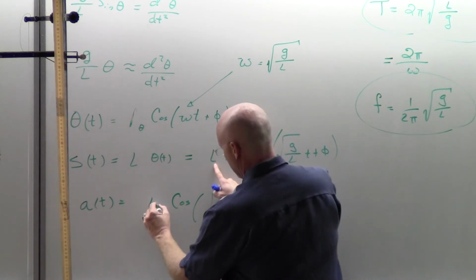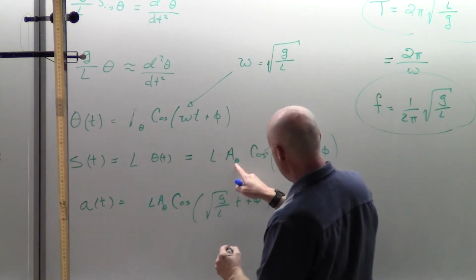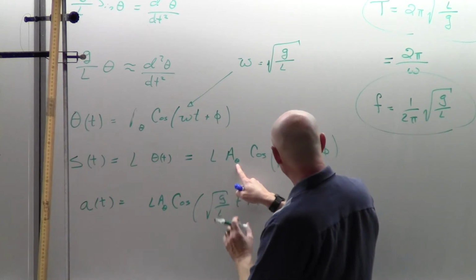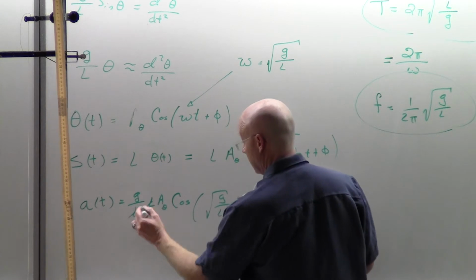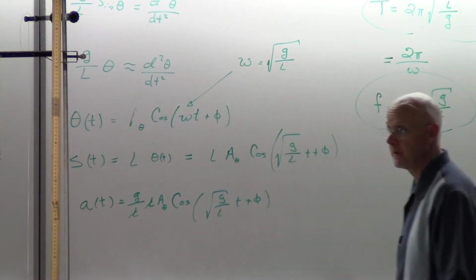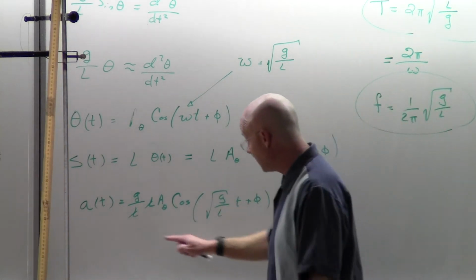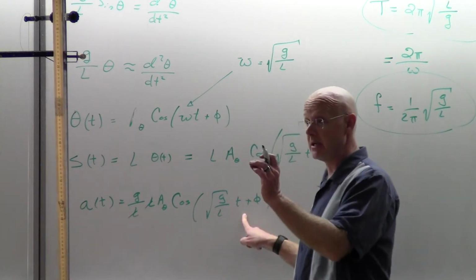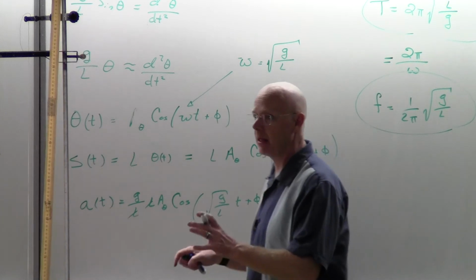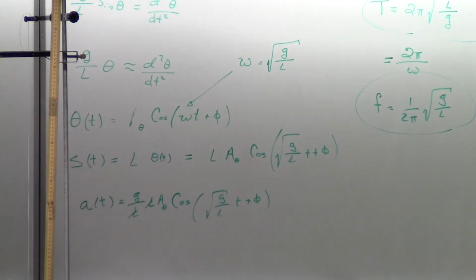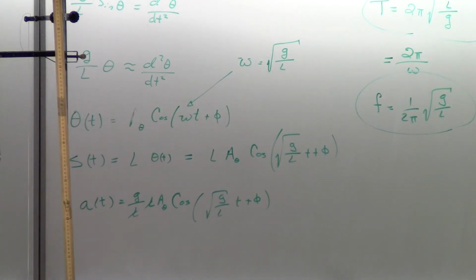I still got my L times the amplitude of the angle, and then I get this twice, which is g over L. Okay. And so there'd be my equation for the acceleration as a function of time, but it is an approximation. To get it exactly what it is at one point would not be hard because I'd have an angle at that one point. Yeah, sure.